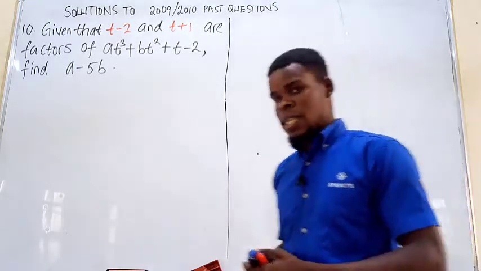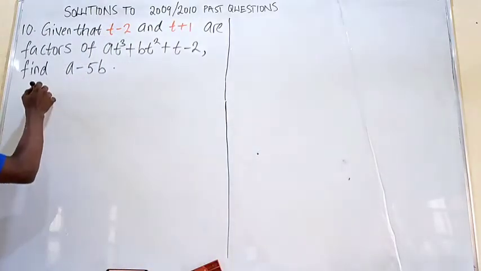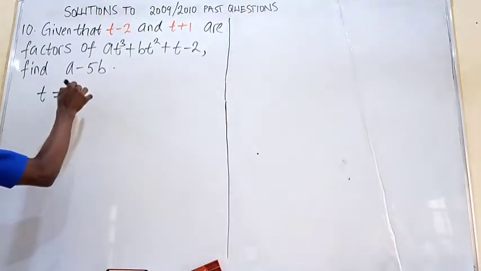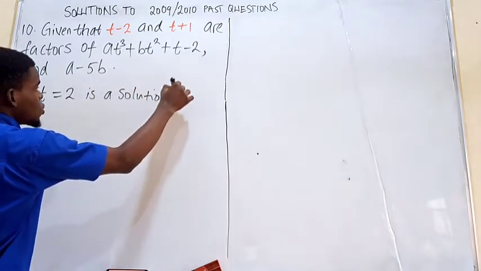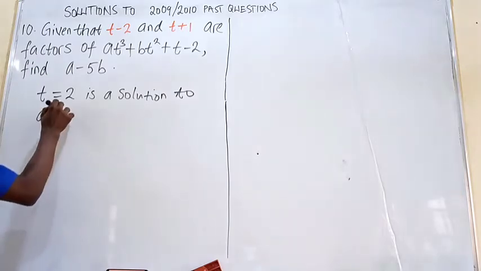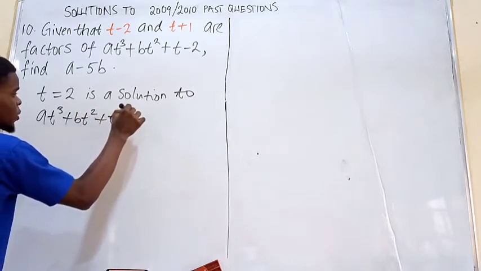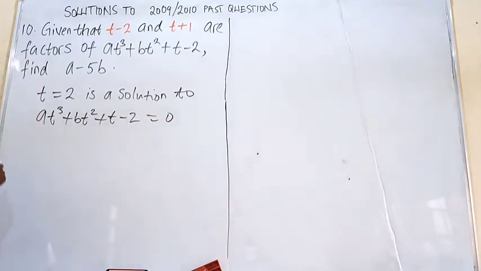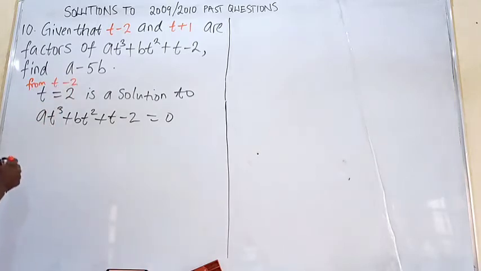And that also means that t equals 2 is a solution to at cubed plus bt squared plus t minus 2 equals 0, from t minus 2 as a factor.